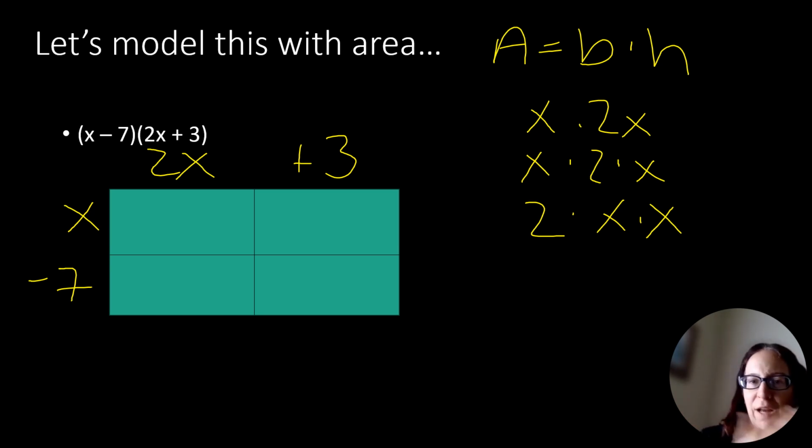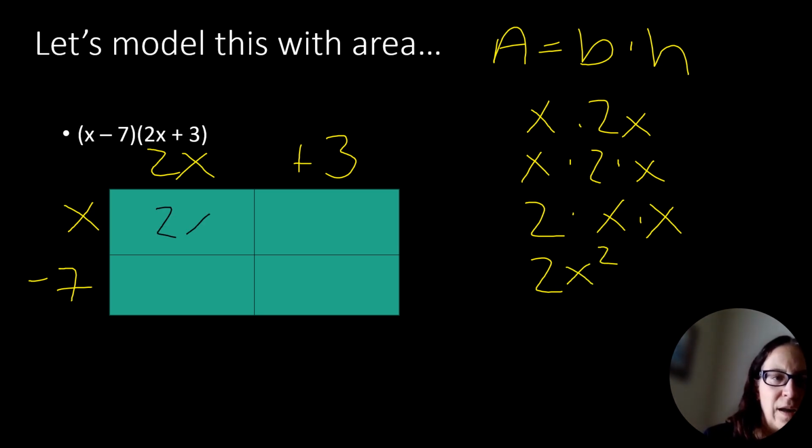I can switch the order here. x times x is x squared. So inside there is going to be 2x squared. That was maybe the trickiest one to do.